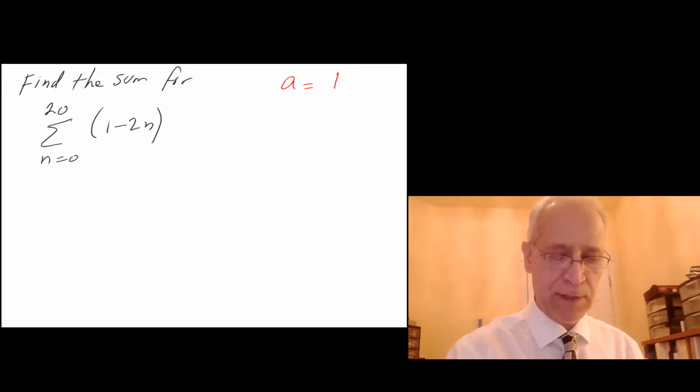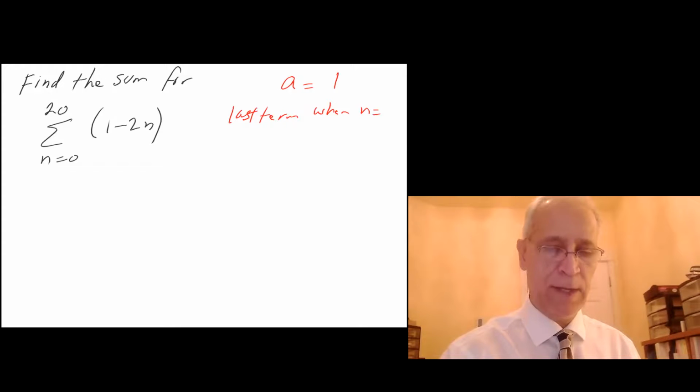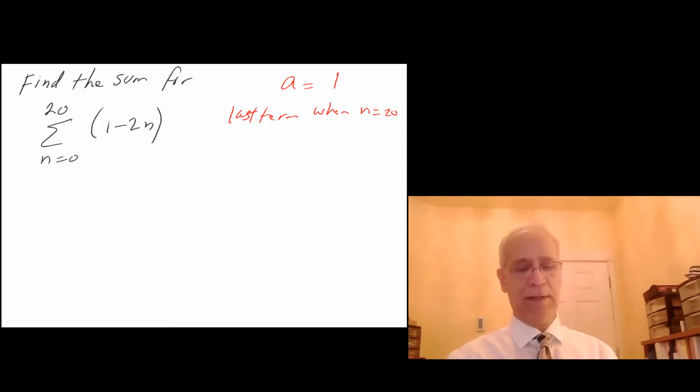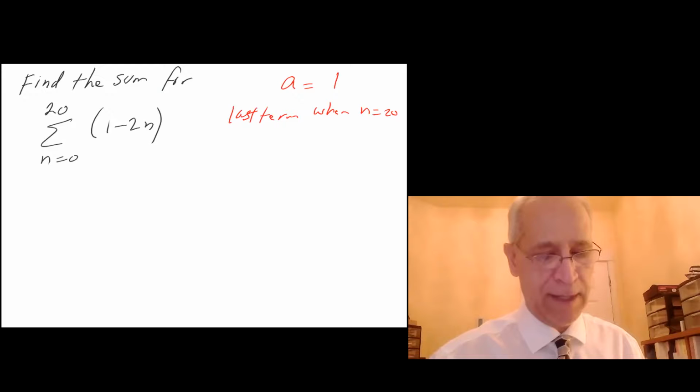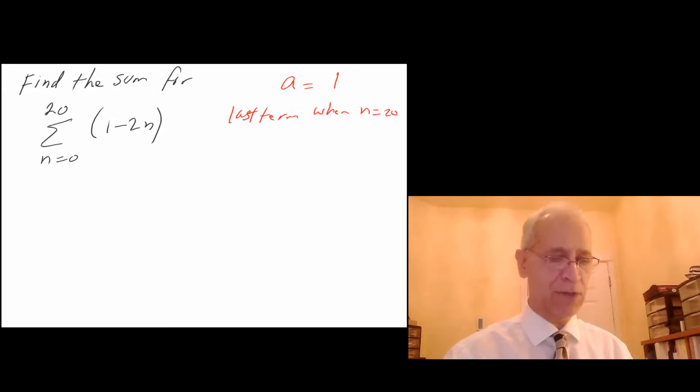And the last term is when n equals 20. 2 times 20 is 40, I have negative 40, and add 1 to it, so negative 39.